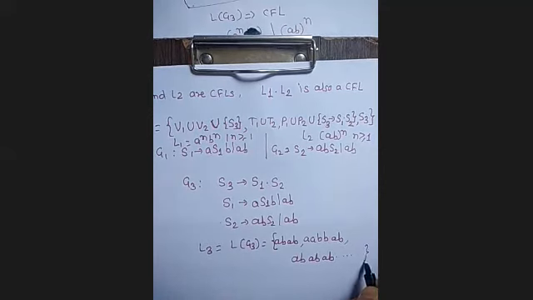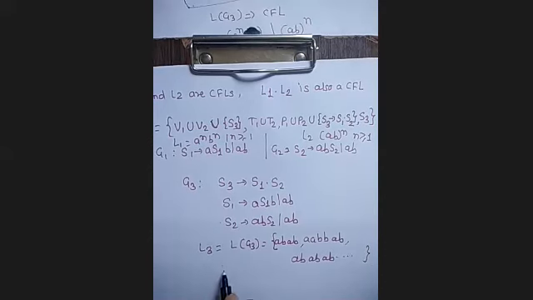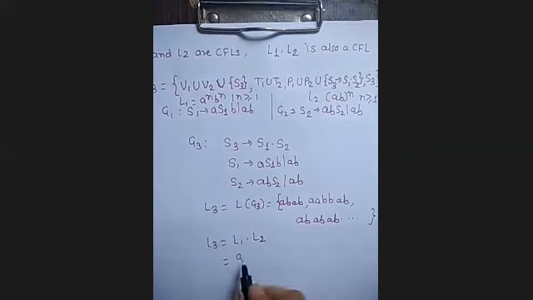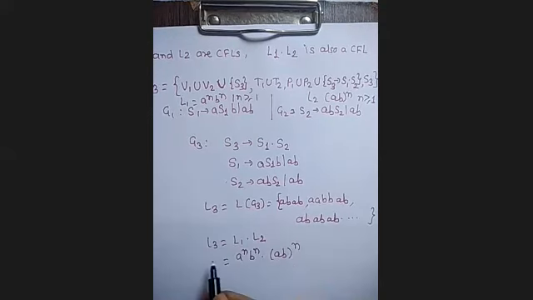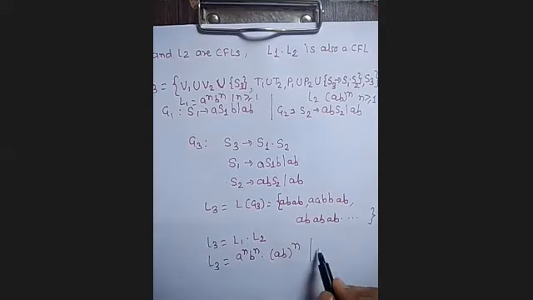Okay. So you can generalize this: L1 dot L2. What is L1 dot L2 here? So L3 is equal to L1 dot L2, and L1 we know it is A to the power n, B to the power n, and this is followed by AB full power of n. So here we have proved that L3 is also a CFL.